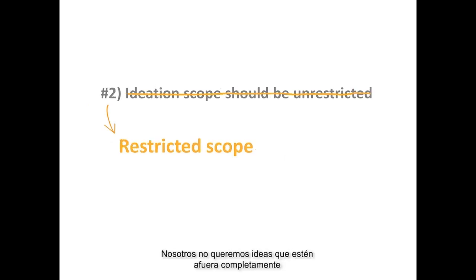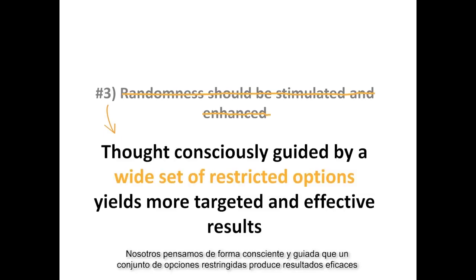We actually don't want ideas that are completely out there. Those are not going to be accepted by the market and very difficult for us to implement. We believe that thought consciously guided by a wide set of restricted options yields more targeted and effective results.